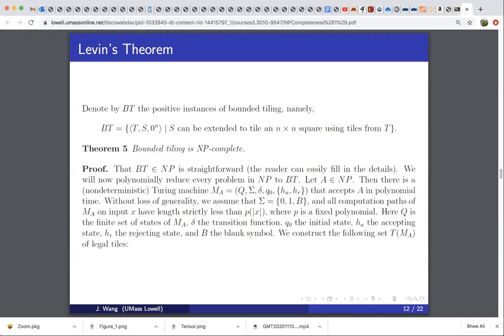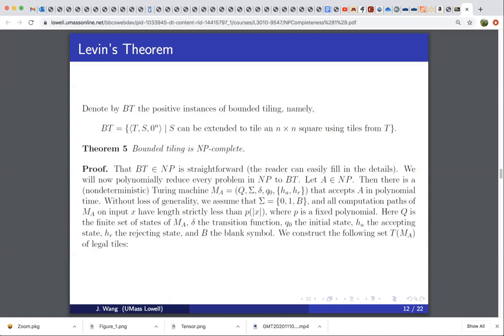Verification can obviously be done in polynomial time in terms of n, T, and S. So that's in NP. Now we are going to reduce every problem in NP to BT, okay?